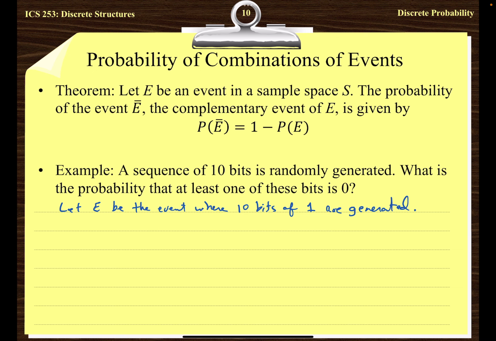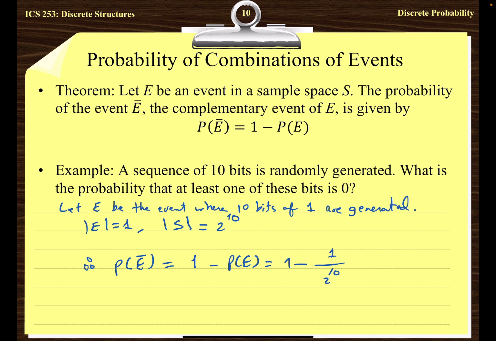So what did we say? We said that the size of E is 1. What is the size of the sample space? 2 to the power 10, right? Therefore, the probability of E complement, which is what I want, is equal to 1 minus the probability of E, which is 1 minus 1 divided by 2 to the power 10.